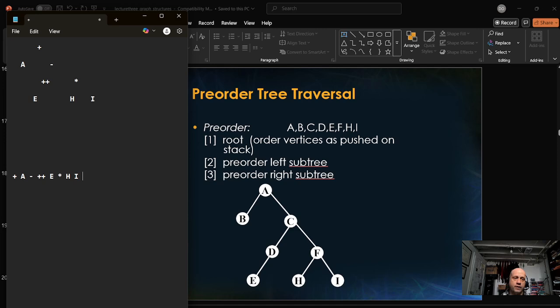And how do I know that, right? Because I know that with the pre-order, I make the closest association to the parent to the next 2 children being applied, right? So here I apply plus to a and the minus, and the plus would be ahead of it, right?